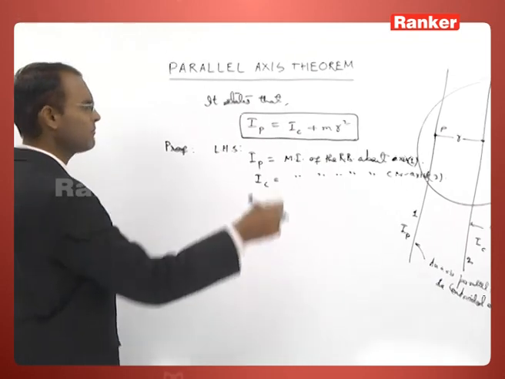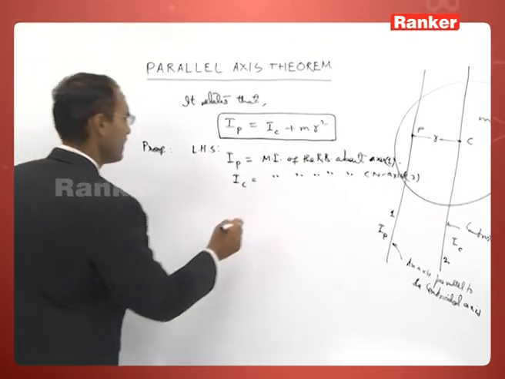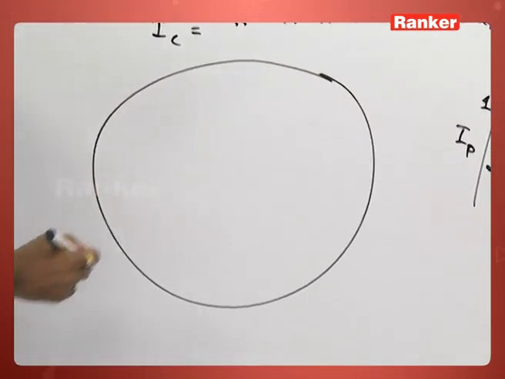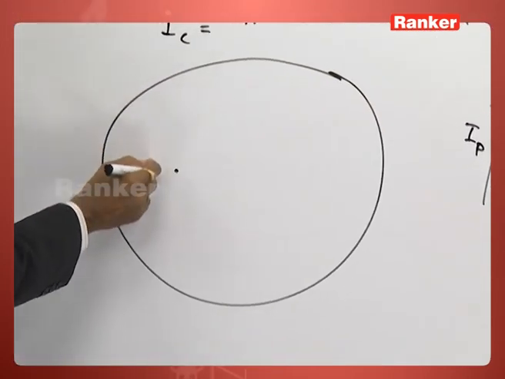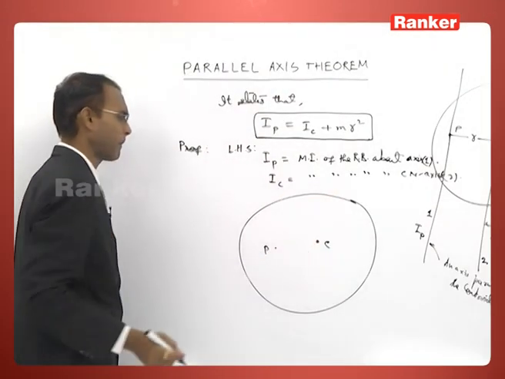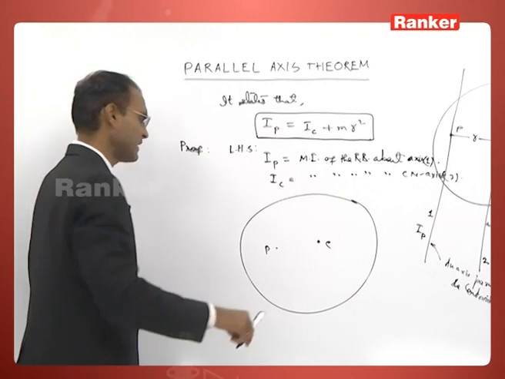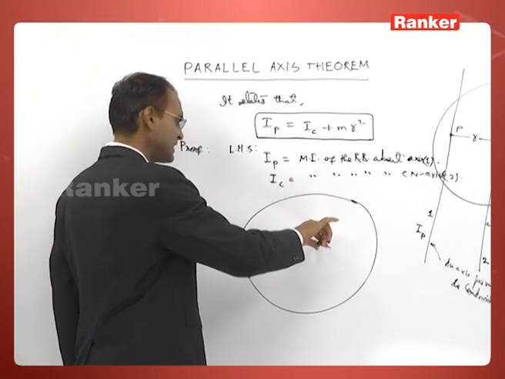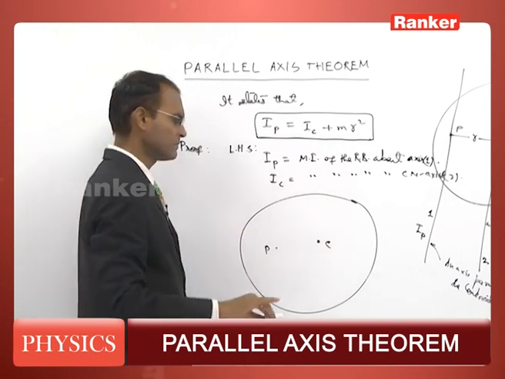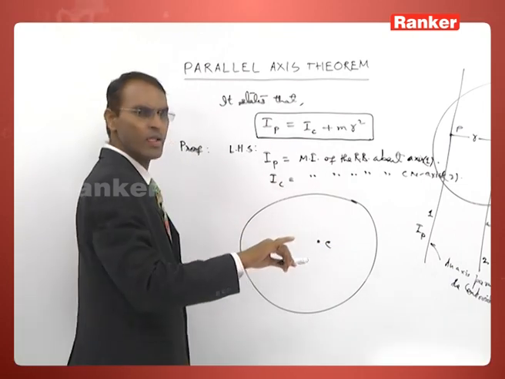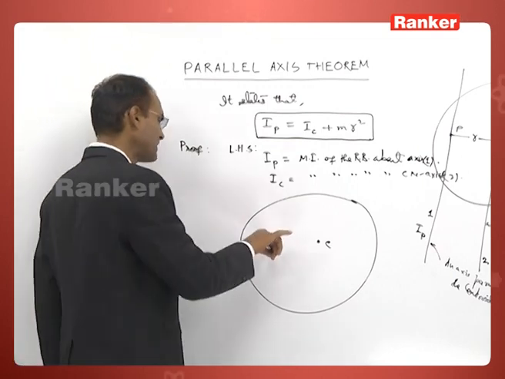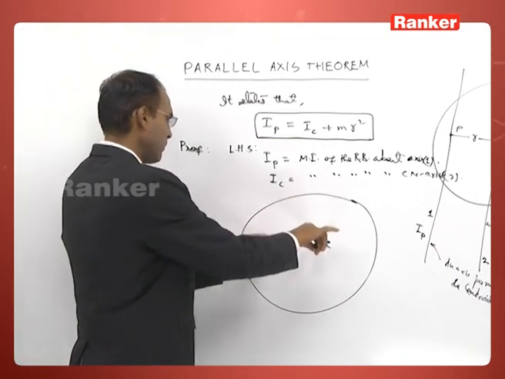We can draw the diagram in a different way. Let us take this point P and the center of mass point, and imagine that the axis is the z axis, or the axis is normal to the board passing through these two points.